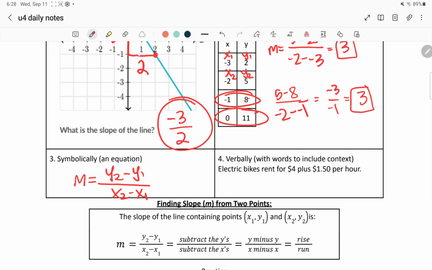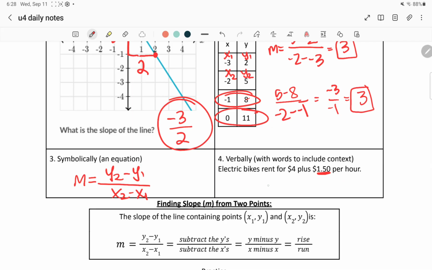And last, verbally, we can describe the slope with words. Okay. So, electric bikes rent for $4 plus $1.50 per hour. My rate of change is going to be what's happening, like what's the change. Every hour, I am adding another $1.50.